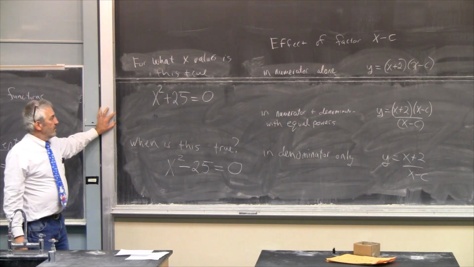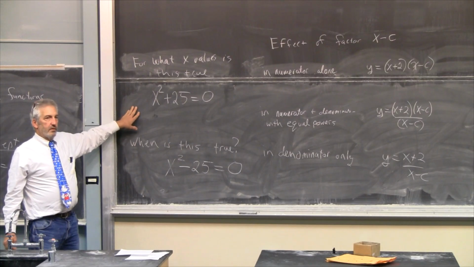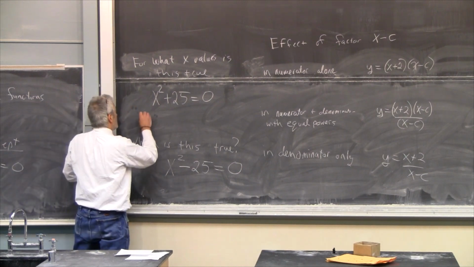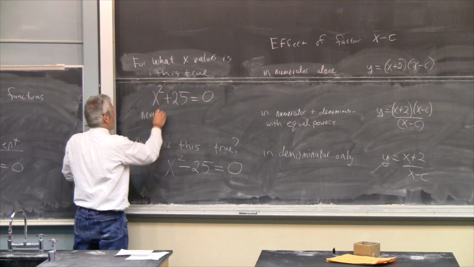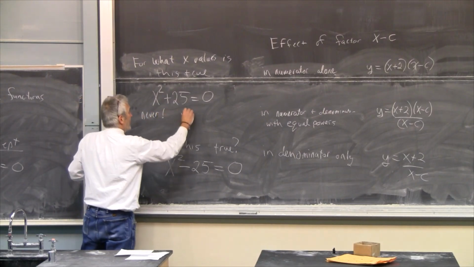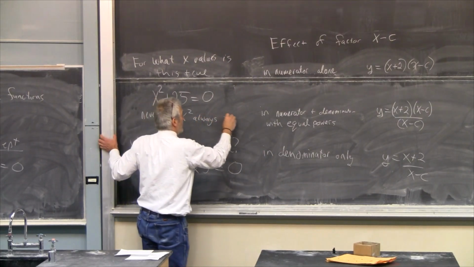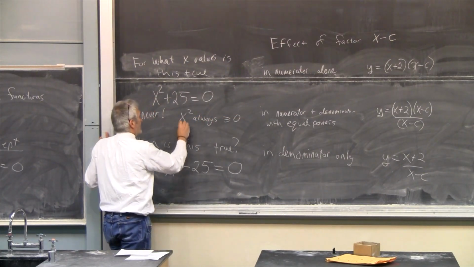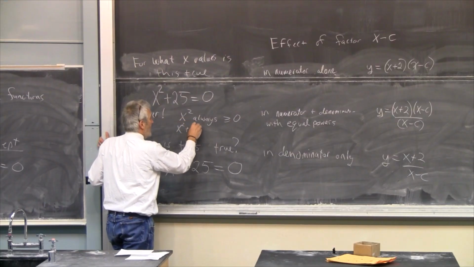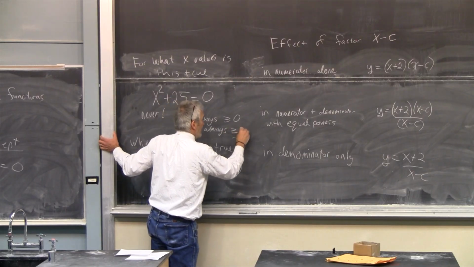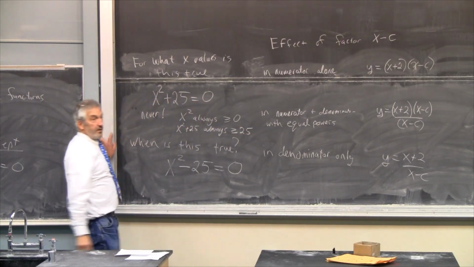Now, answer this question. Yeah, never. Because remember, x squared is always going to be greater than or equal to 0. So x squared plus 25 is always greater than or equal to 25. It's always a positive number.